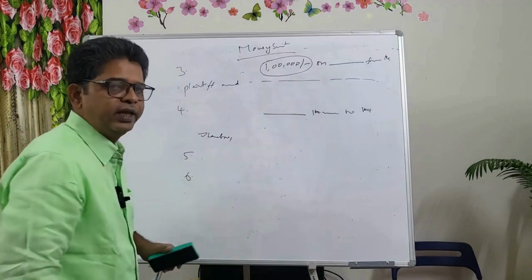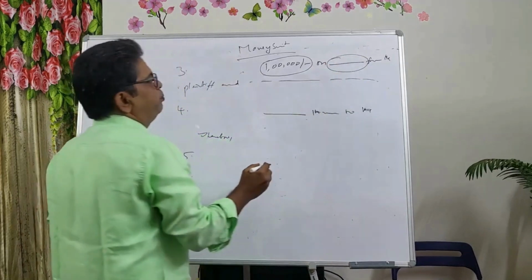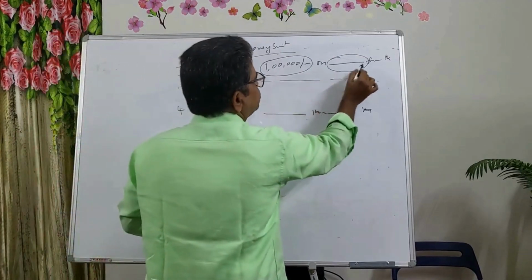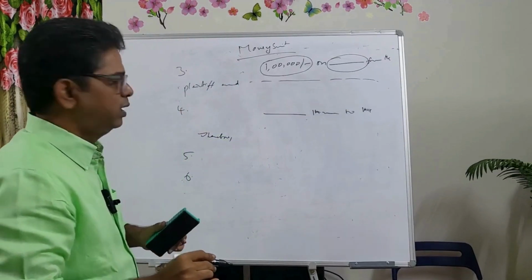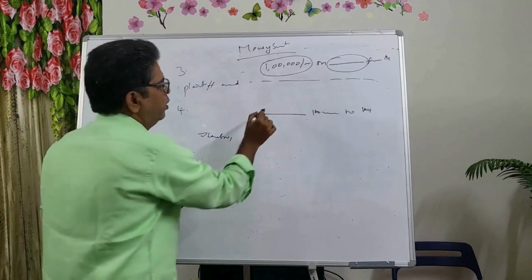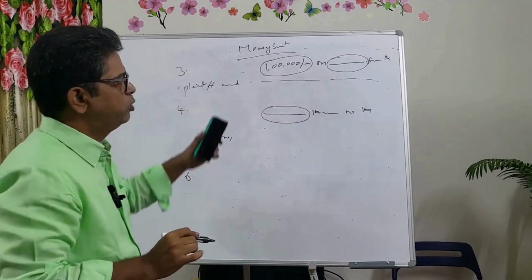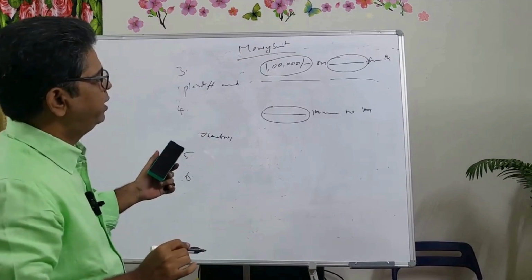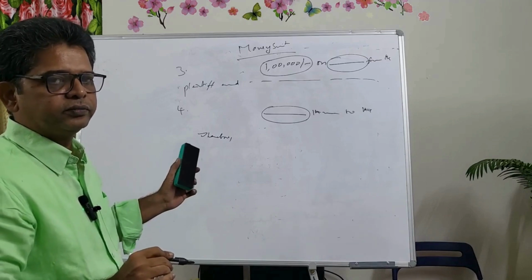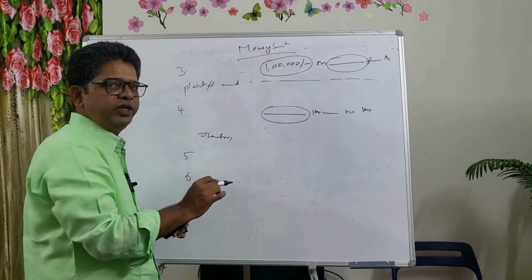Here you write like this: the cause of action for this suit arose on such-and-such date, when the defendant borrowed 1 lakh rupees from the plaintiff and executed the suit promissory note dated so and so, undertaking to repay the same with interest, and on the date when the plaintiff issued a legal notice to the defendant demanding the promissory note amount with interest, and when the defendant failed to reply to the legal notice or failed to repay the amount, and on all such other dates which are within the jurisdiction of this honorable court.